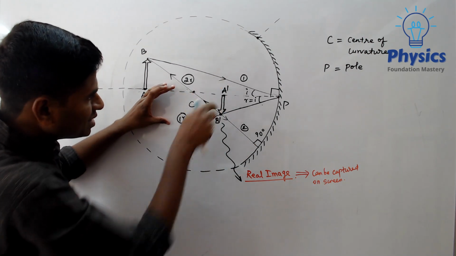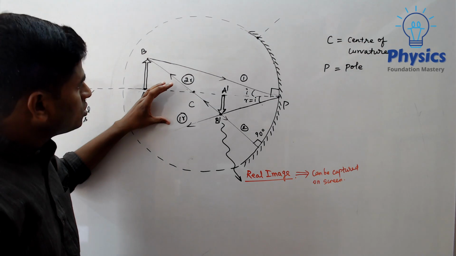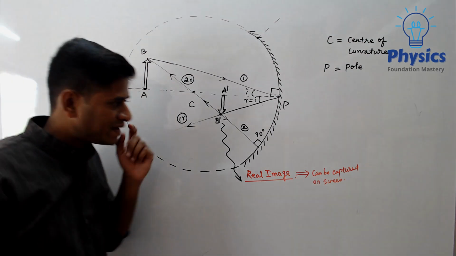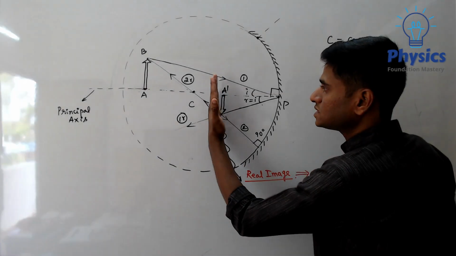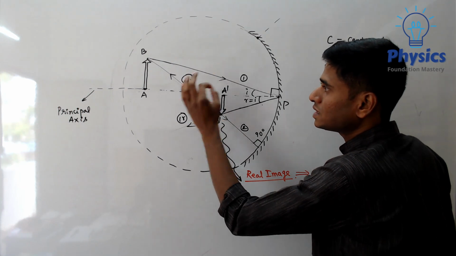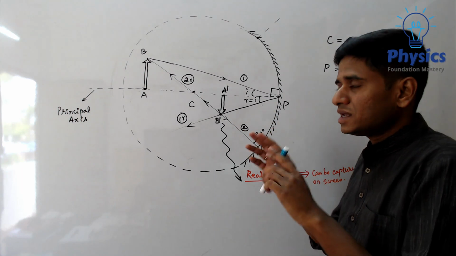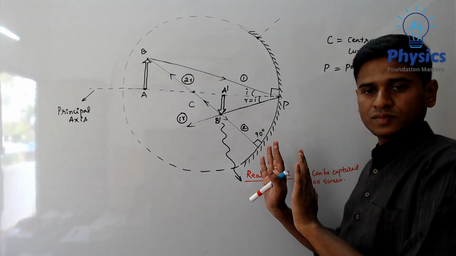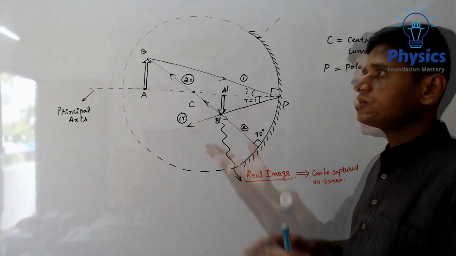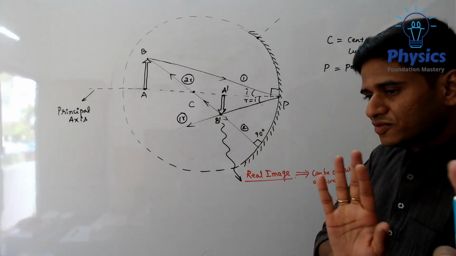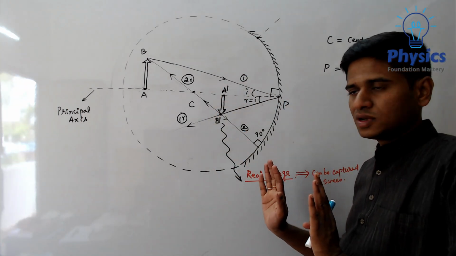So one very important thing, if you place a screen here, once a real image is captured on screen, you can see the real image from anywhere. For example, in a movie theater, you can see the movie sitting from any position. Is it not true?